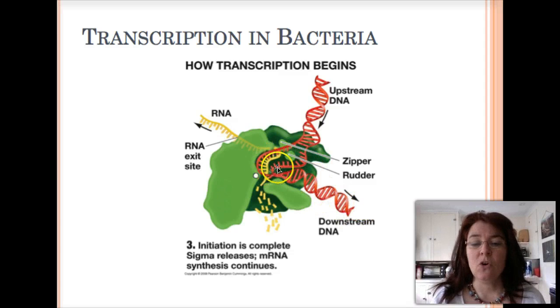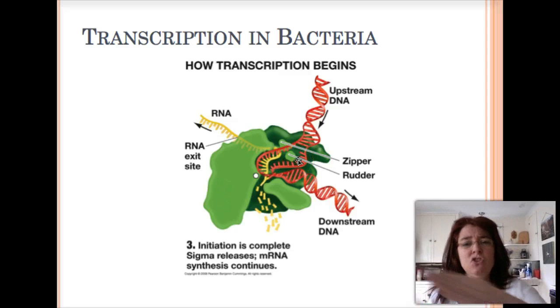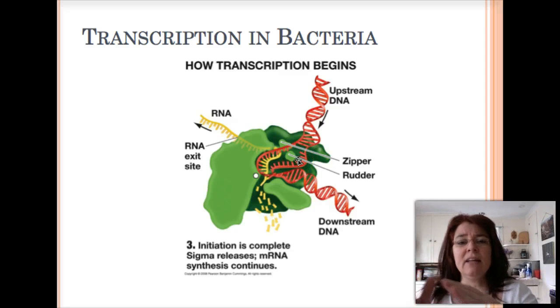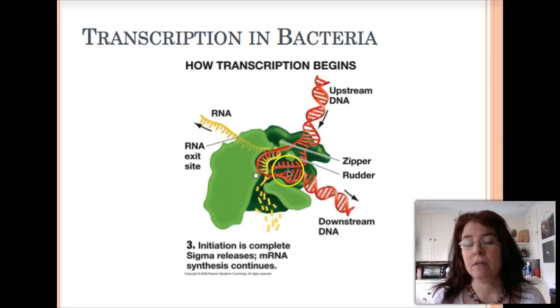Where the helix is open, we can see our zipper and our rudder projecting into this channel or tunnel within the enzyme. So these are just physical structures that physically project into the tunnel and allow for the helix to be separated and kept apart. Down in the bottom, we can see these little yellow subunits coming in.